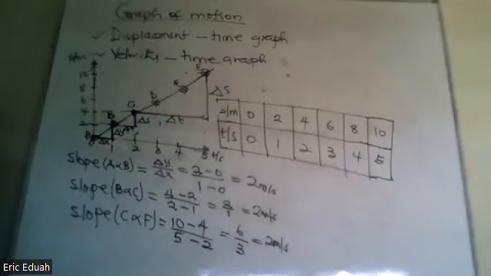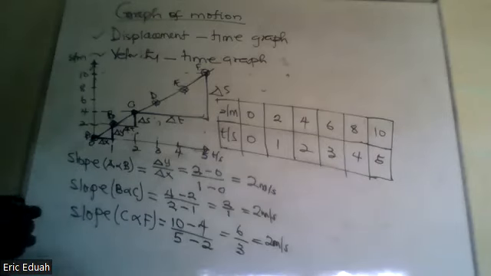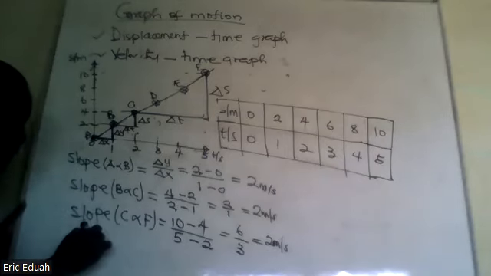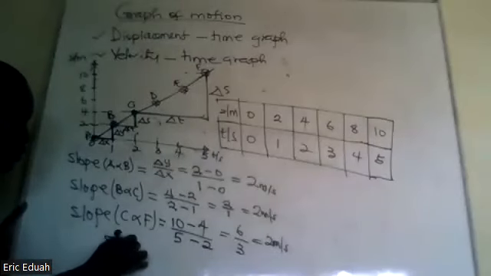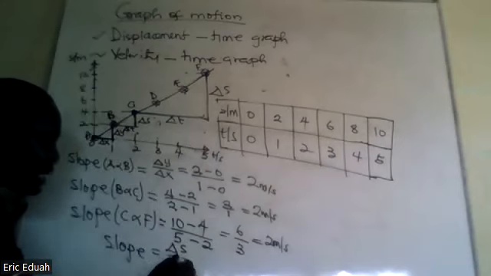We haven't done that. Okay. For a displacement time graph, the slope is equal to the change in displacement over the change in time.